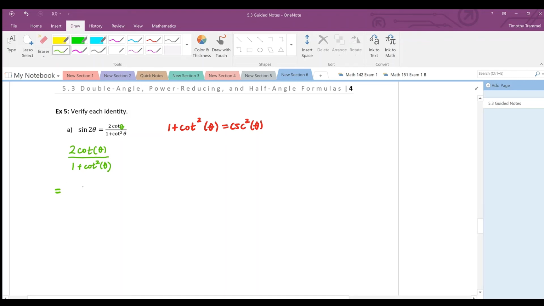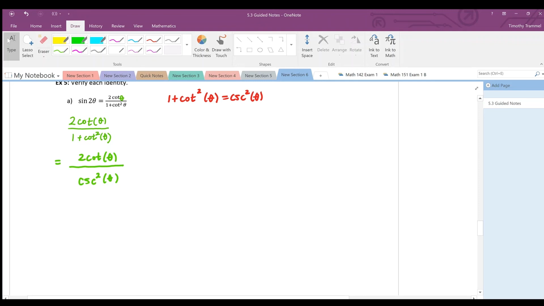So we have 2 cotangent of theta all over cosecant squared of theta. Right? Honestly, this already looks better. Okay. I'm going to go ahead now and convert this to be in terms of sine and cosine. But I do want to point out that's not the only route to take. There are many options here. If you went down another path to verify this identity, that's okay.